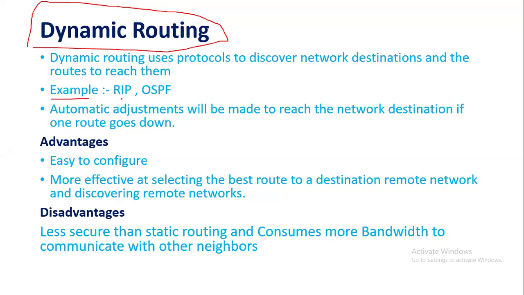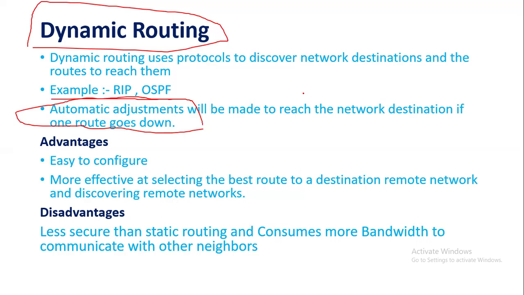We directly use protocols like RIP and OSPF, or define areas, and the packets will be delivered. So there is an automatic adjustment. That means if you have routers at one or multiple locations within a network, they will design their paths on their own. You don't need to give them the path to reach the destination.